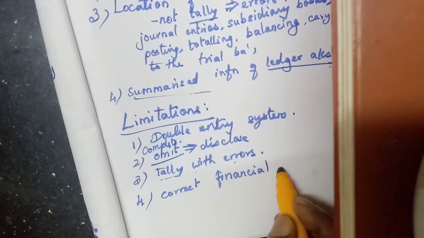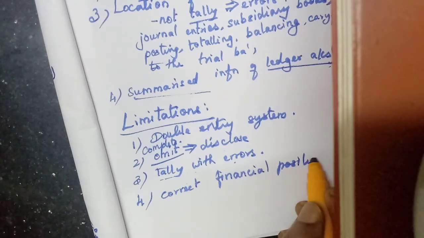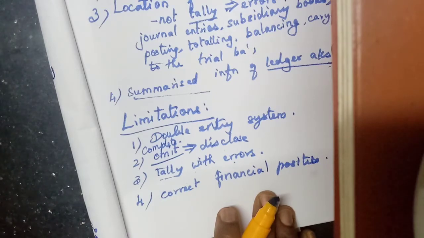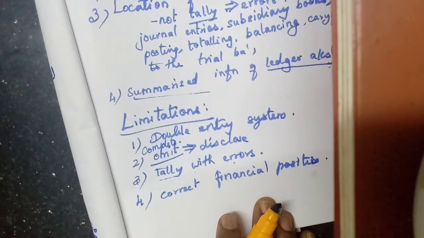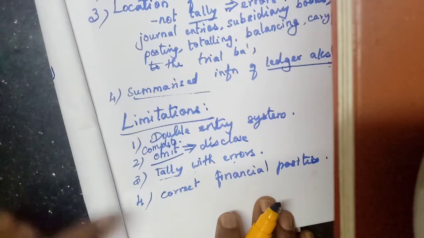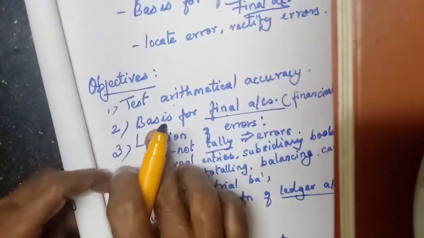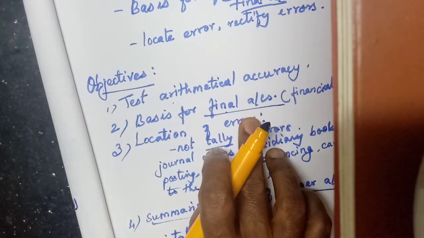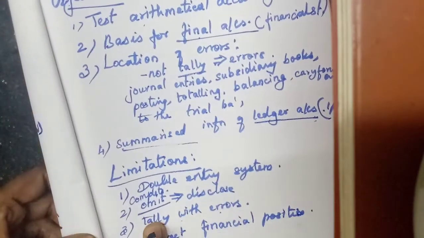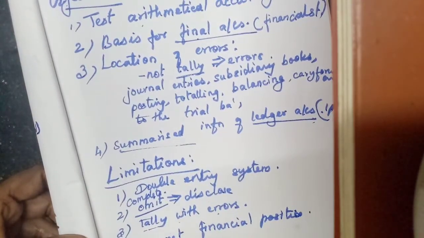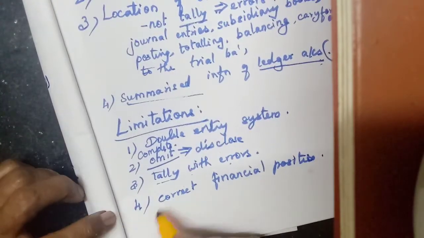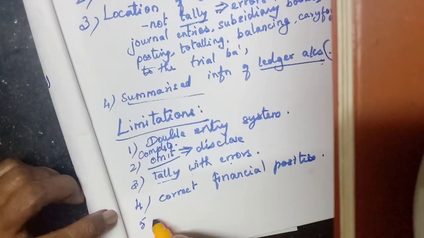The financial position will not be correct if we use a wrong trial balance with errors, because that is the basis for the preparation of financial statements, as we have studied. With many errors in the trial balance, but the trial balance tallying, the financial statement prepared will not show the correct financial position. Profit also may not be correct.